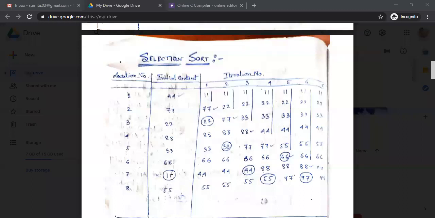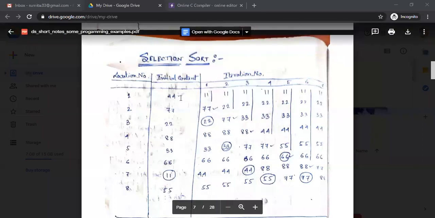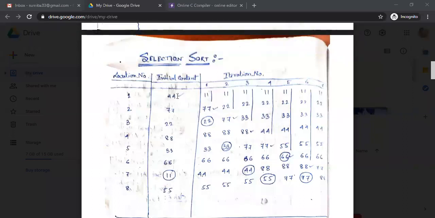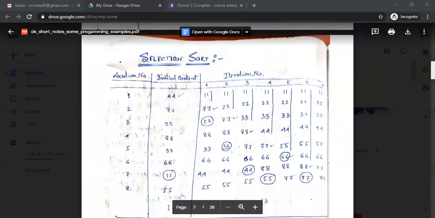If the first element value is greater than the smallest element value, then they interchange, or swap, positions with each other.